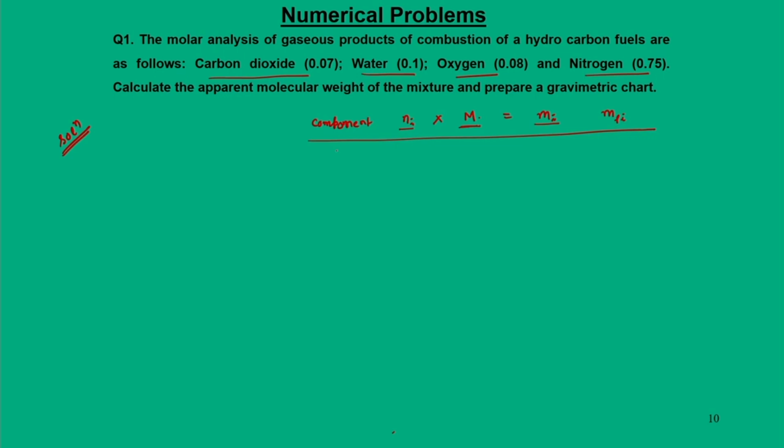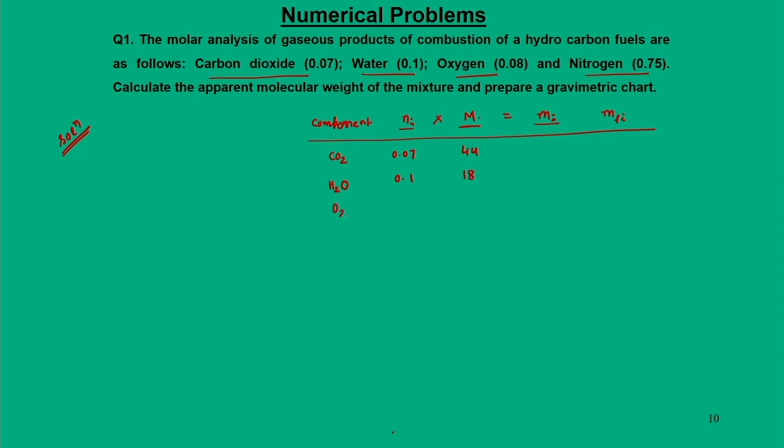Okay. So, we have CO2 with the given value 0.07, and the molecular weight of CO2 is 44. Then we have water, its value is 0.1, molecular weight is 18.